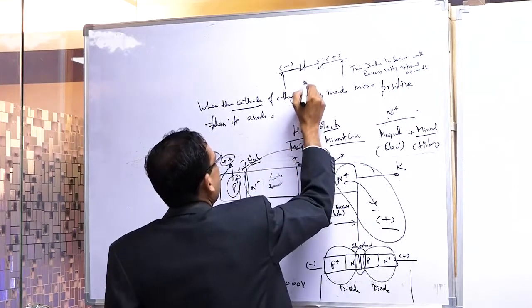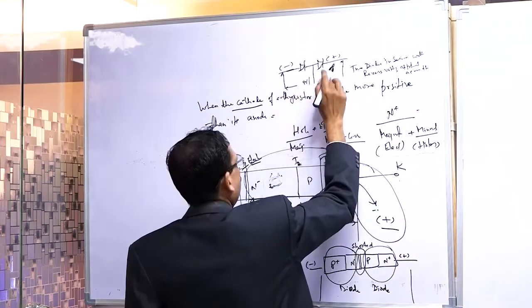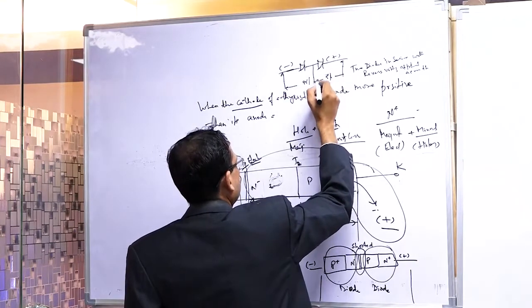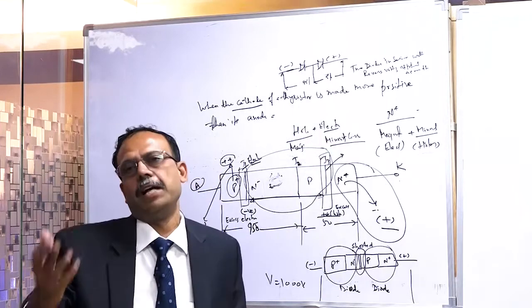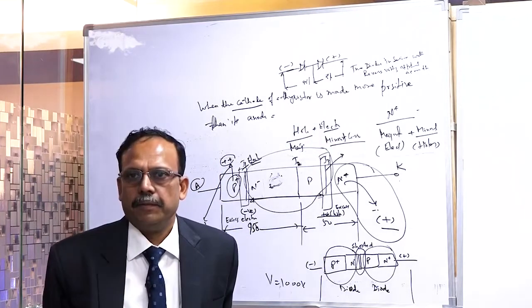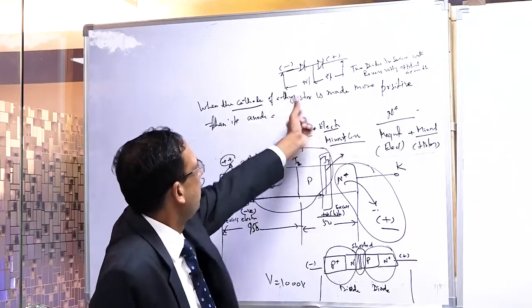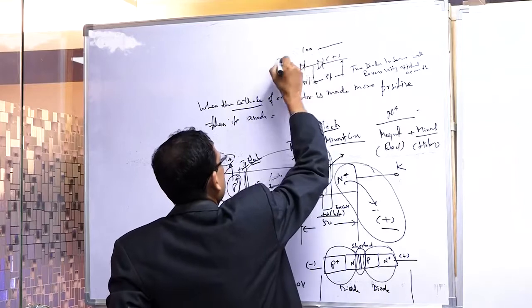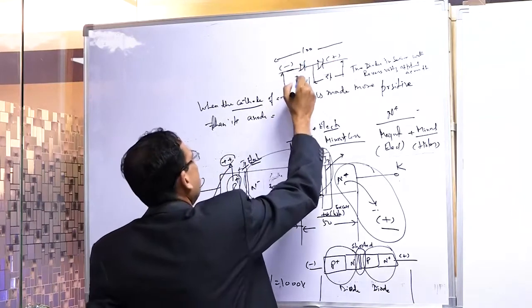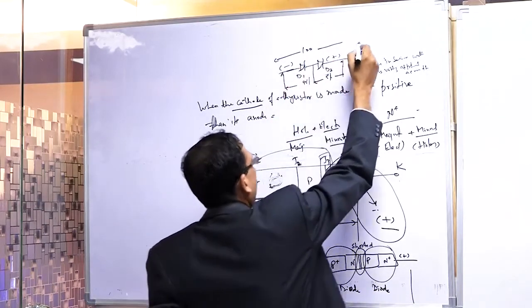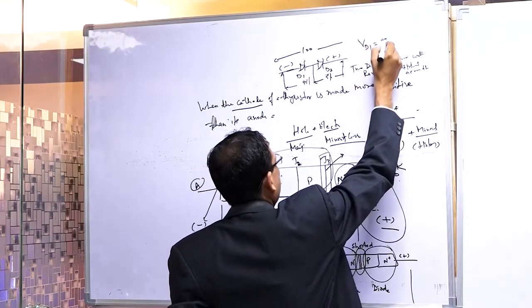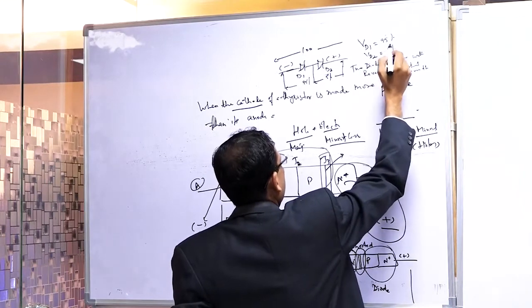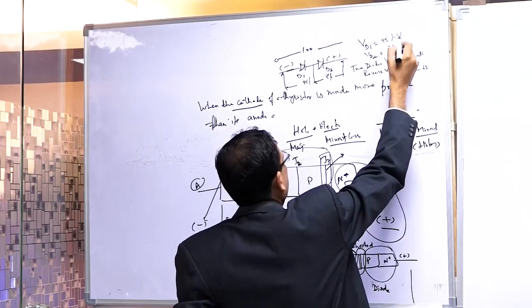Here 95% voltage will be there, and here only 5% voltage will be there. So this is the answer. Is it clear? Two diodes in series, whenever the voltage is applied, let us say 100% voltage is applied. This is diode 1, this is diode 2. So voltage across diode 1 is 95% and across diode 2 is 5% of the applied voltage.